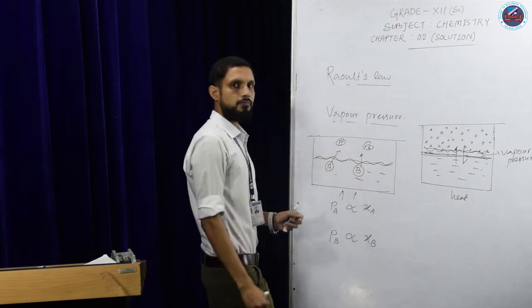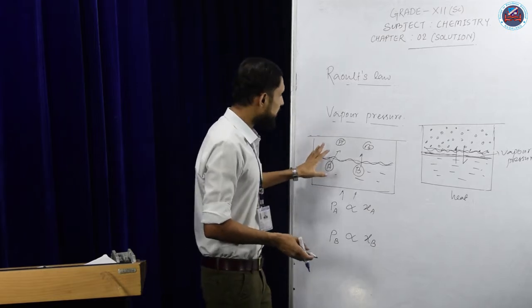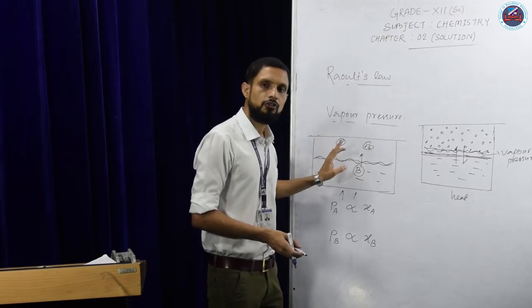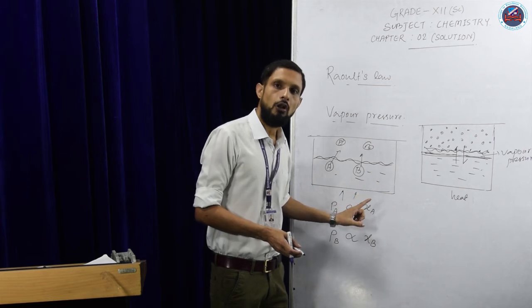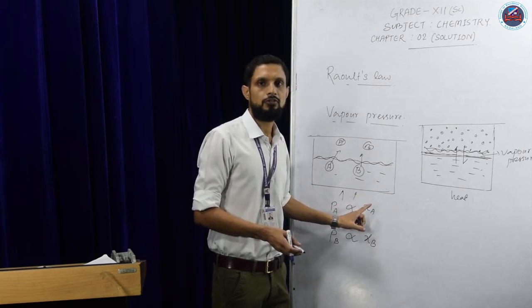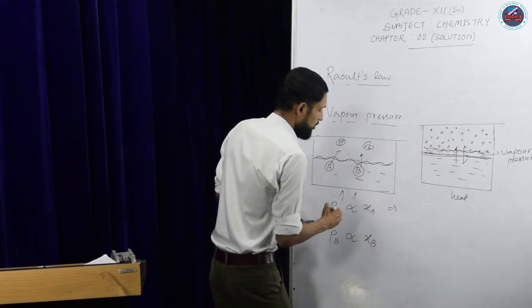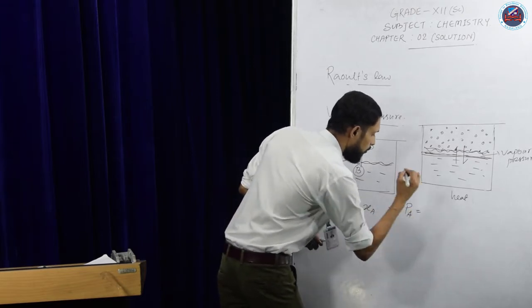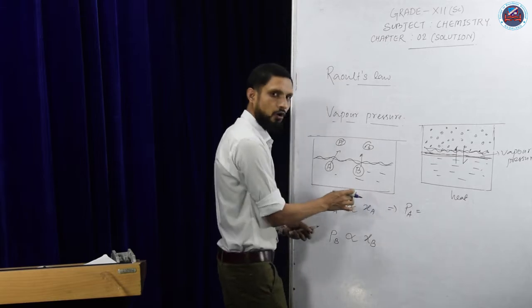B. So according to Raoult's law, the vapor pressure of a component in a solution is directly proportional to the mole fraction of that component in the solution. So this PA is equal to, in place of proportional sign, if you use equal sign, you need a constant.